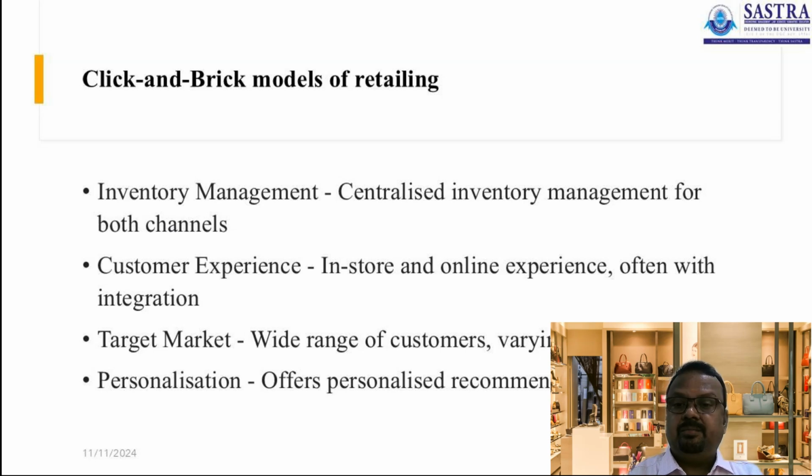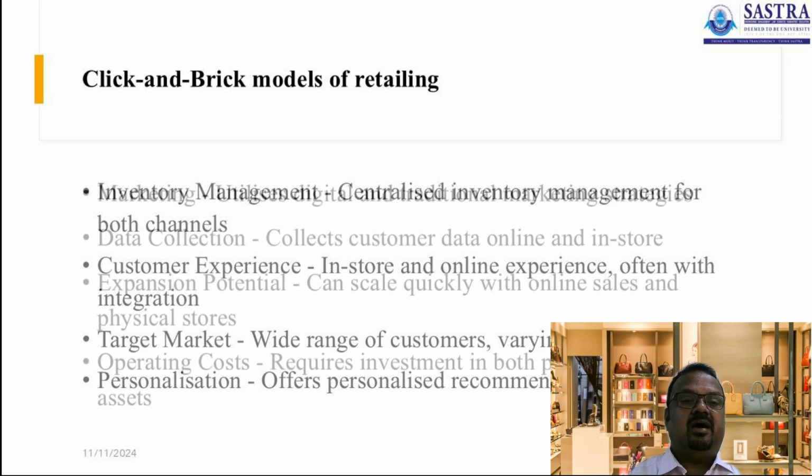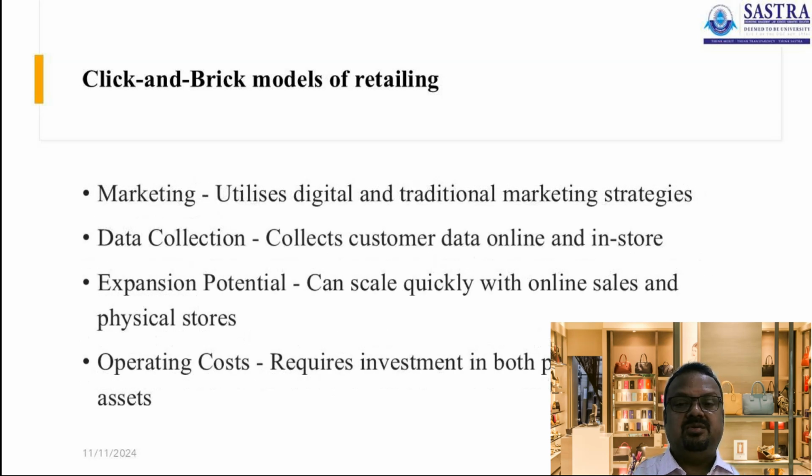Marketing, when you look at marketing, you can utilize digital and traditional marketing strategies to reach your consumers. As I told you, marketing can be done more effectively when you are having this click model of retailing.